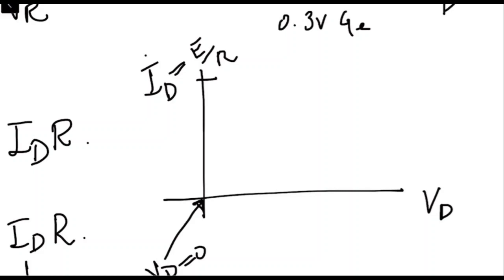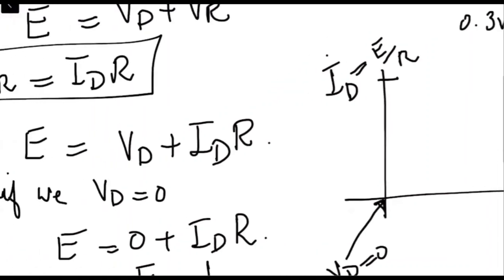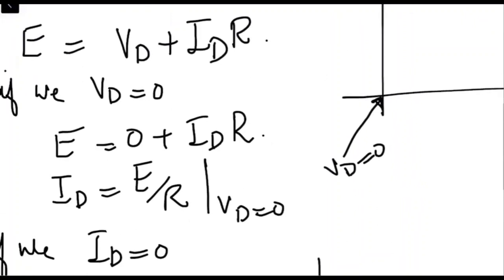Yes, sir. Is the point clear? Yes, sir. If VD is equal to 0, the value of the current is E divided by R, which we have obtained over here, right?